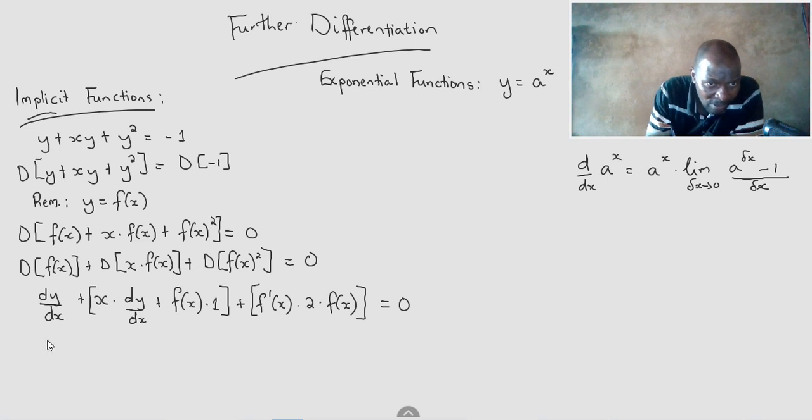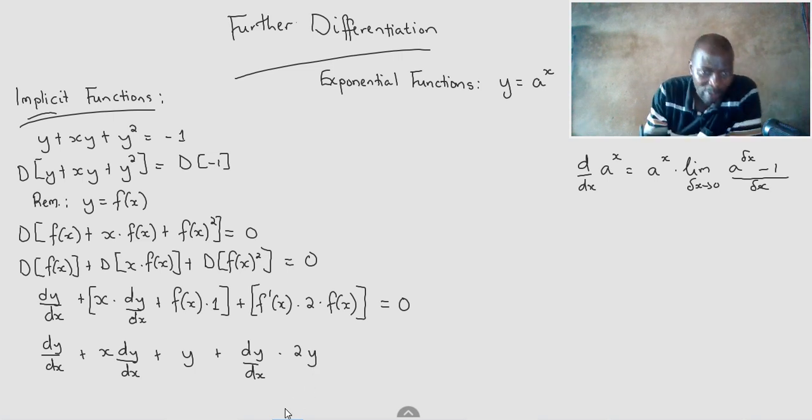This is dy dx plus x dy dx plus, but f of x is the same as y, plus dy dx times 2 f of x, which is 2y. So this is 2y dy dx is equal to 0.